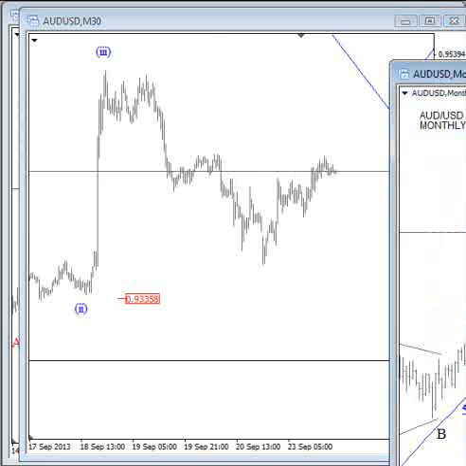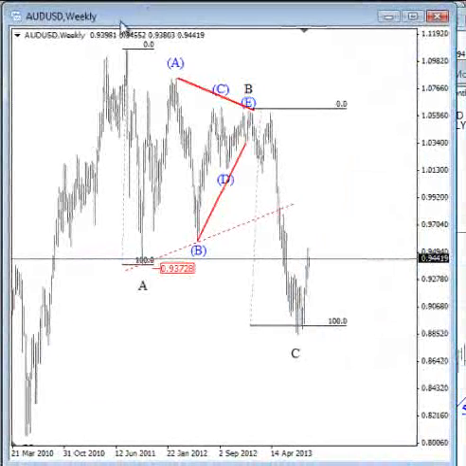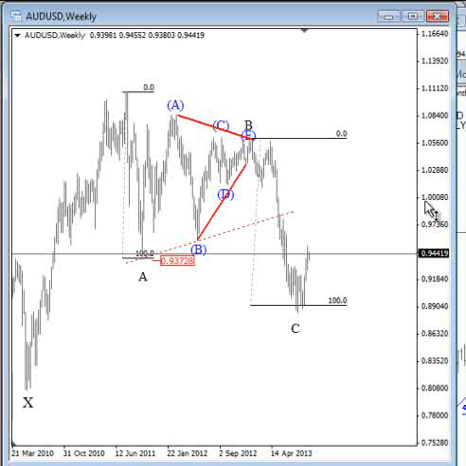On the Aussie dollar monthly chart, last time we were already discussing this wave count, where we mentioned that we know that this whole pullback from these highs is corrective. The only question is if the move has already completed the pullback.